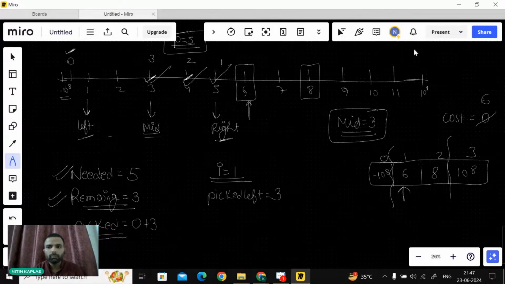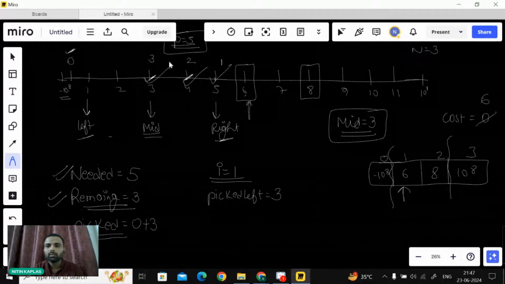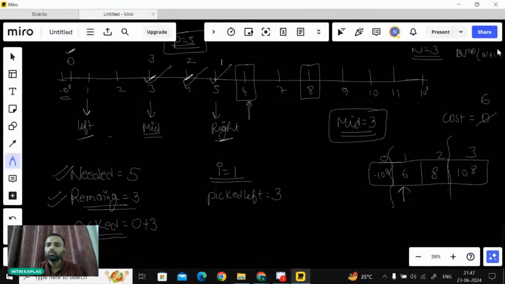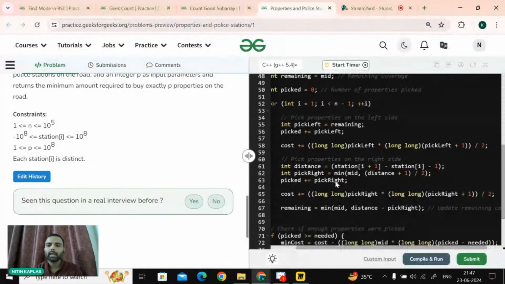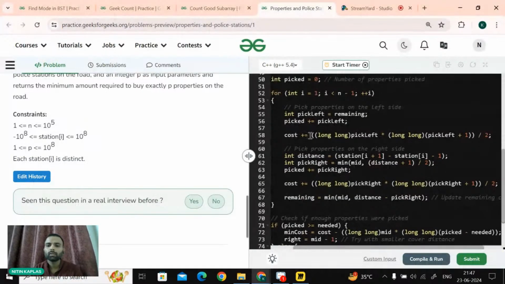Now, you have the n value, which is 3, because you buy three properties. Now, what is the sum of the n natural numbers? Simple. n into n plus 1 by 2, right? That's the formula of it. Similarly, here what I'm doing is cost plus equal to pick left.